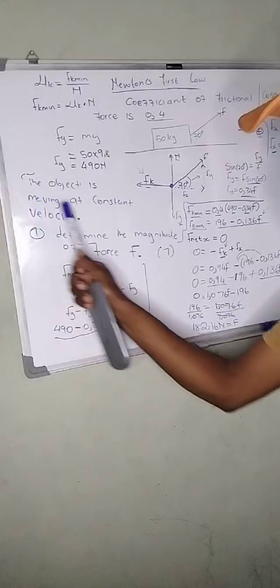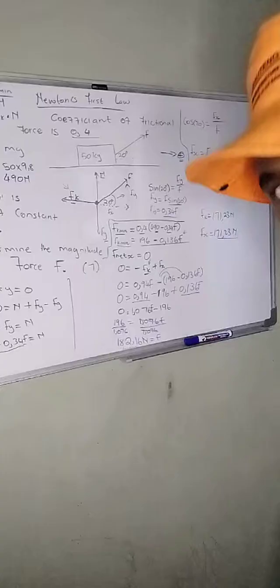So if we get Fk is 1.3, Fx is 1.3, correct on the spot.